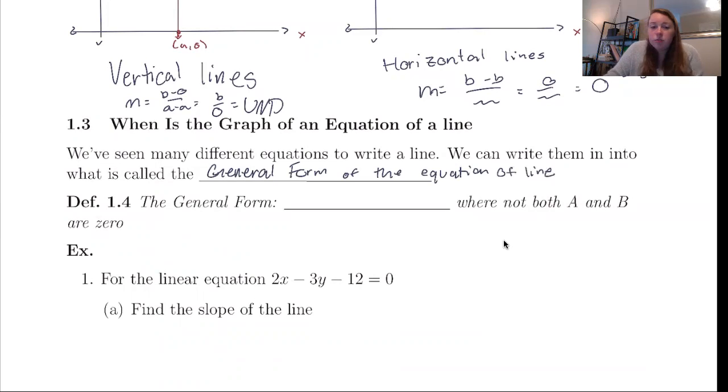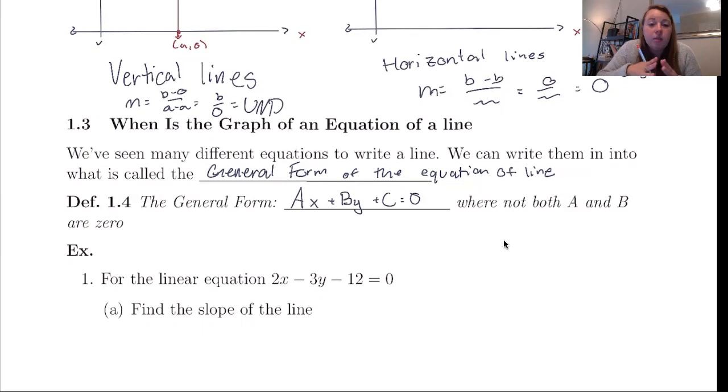All right, so the general form is my least favorite one. The general form is ax plus by plus c equals 0, where a and b are not both 0, because if they were both 0, then c would equal 0, and you might have some contradictions.